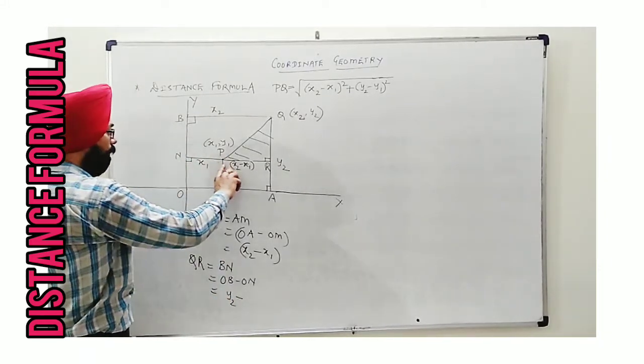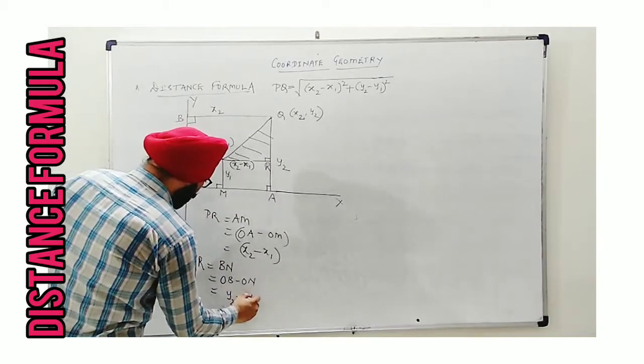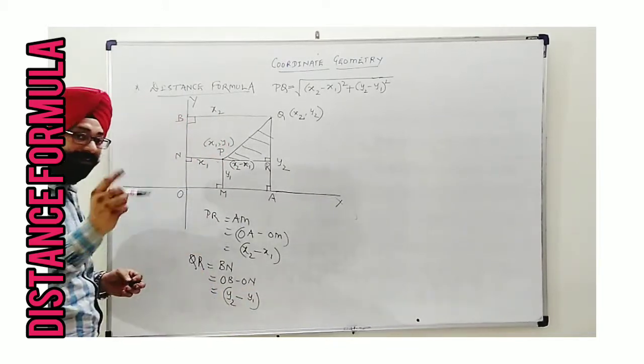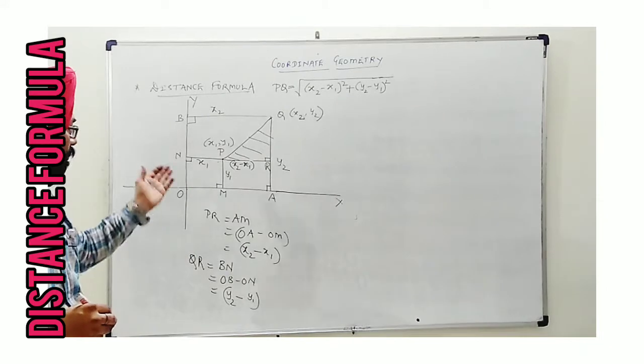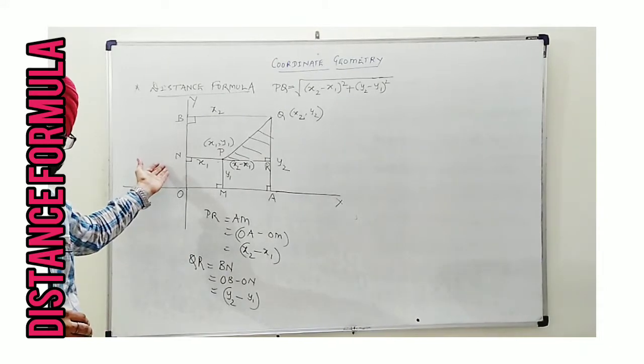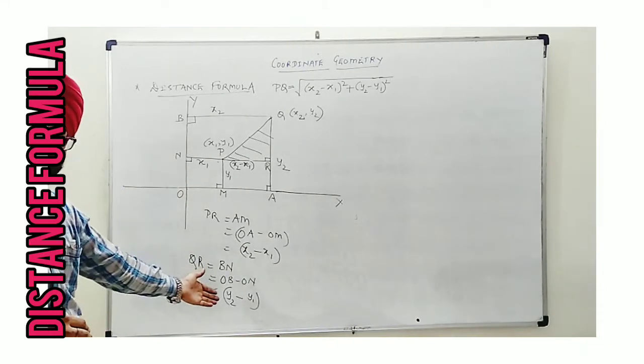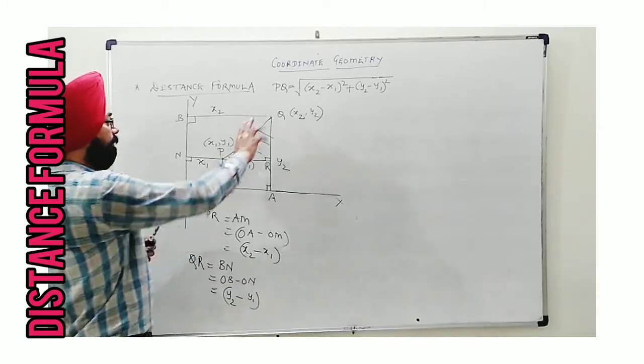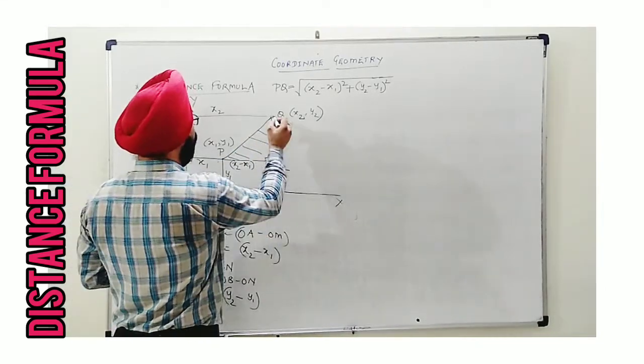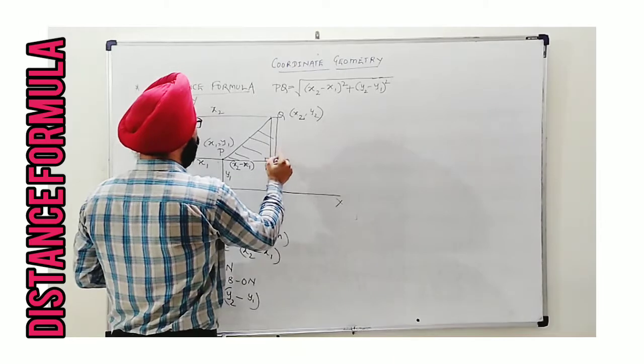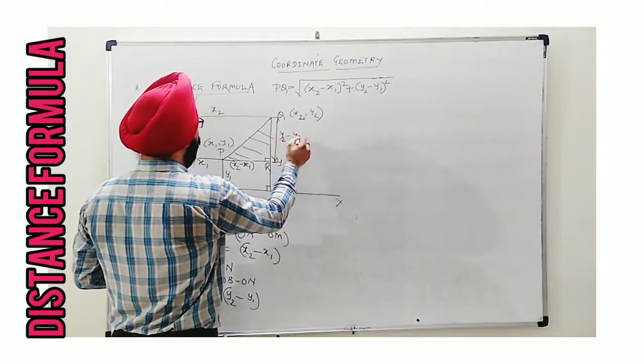ON is equal to the distance BM, it's y1. All these distances are not randomly equal. Actually, they are opposite sides of rectangles, so that's why they are equal. So we have obtained this distance Q to R as y2 minus y1.